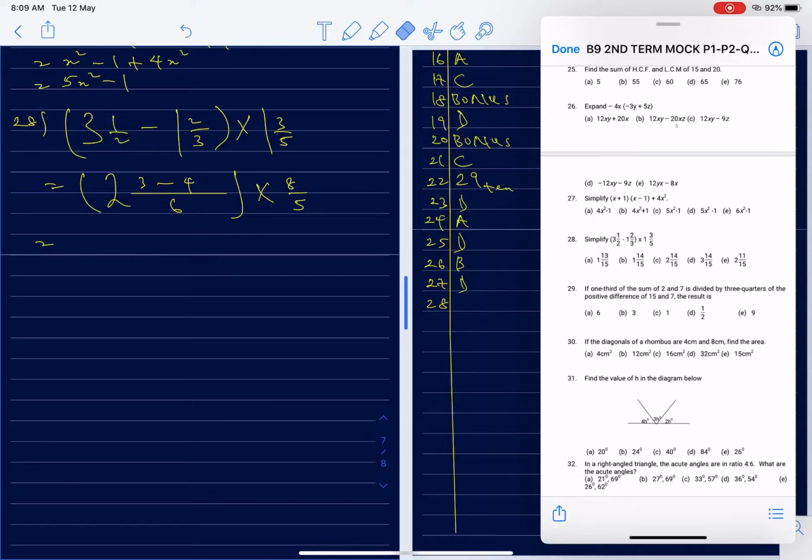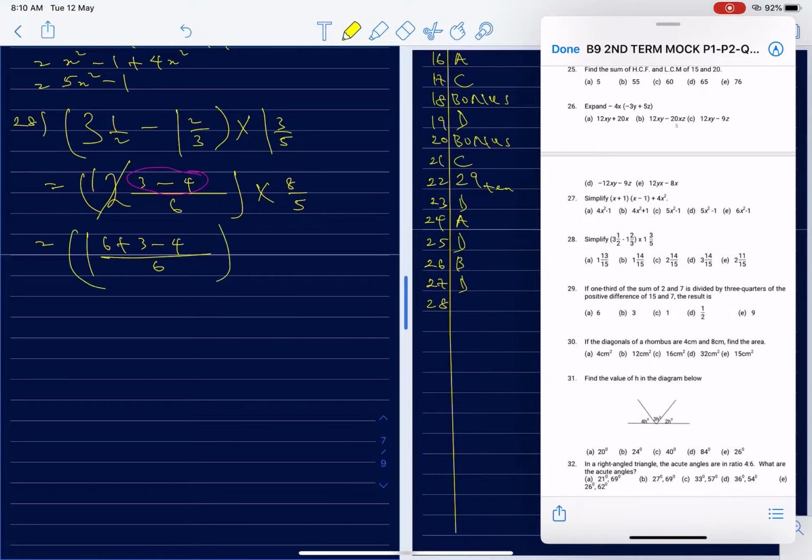For this numerator, we cannot subtract 4 from 3, so we borrow 1 from the whole number, and we'll be left with 1. The 1 we have borrowed is 6, so it becomes 1 and 6 plus 3 minus 4 over 6.